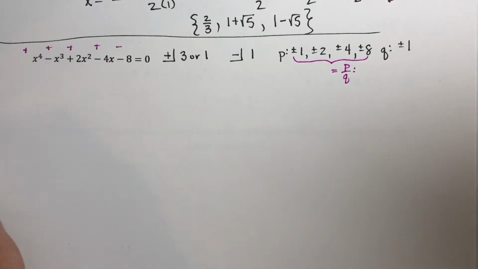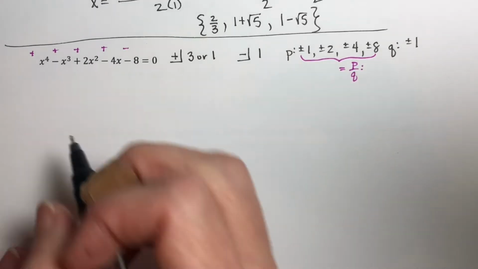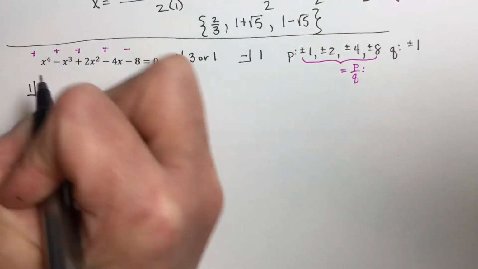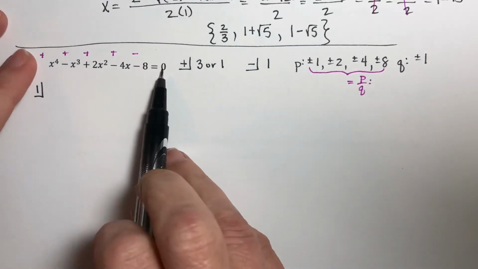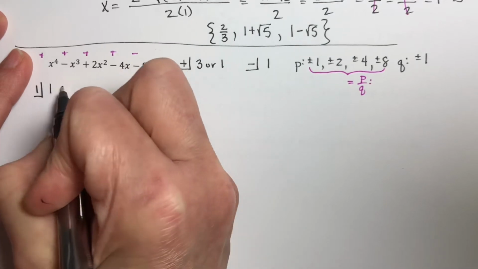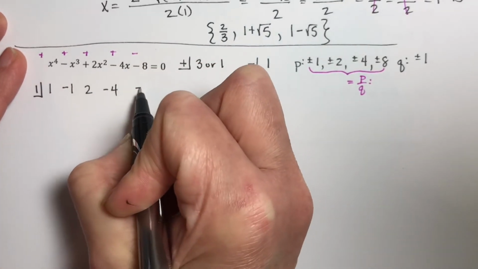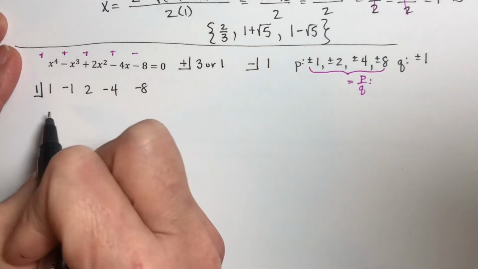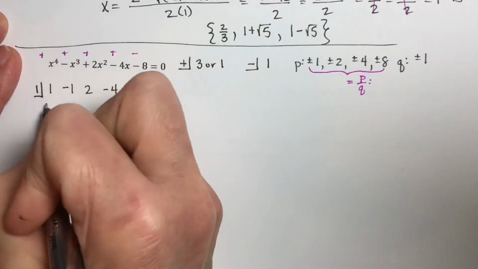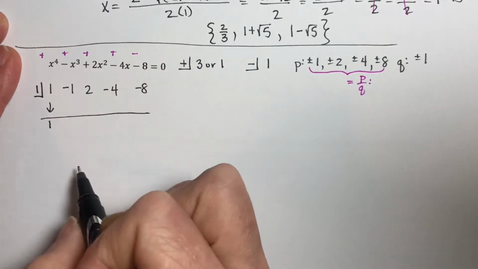So let's jump in, pick something to try. Let's try a 1. Write down all of your coefficients here. That's 1, -1, 2, -4, and -8. Bring down the 1.